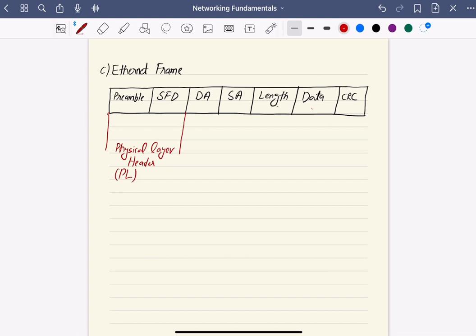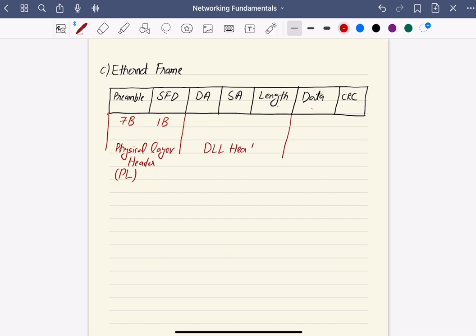The length of the preamble is 7 bytes, which is 56 bits, and the length of the SFD is only 1 byte, which is 8 bits. The destination address, source address, length, and CRC are added at the data link layer, so we call them the DLL header.